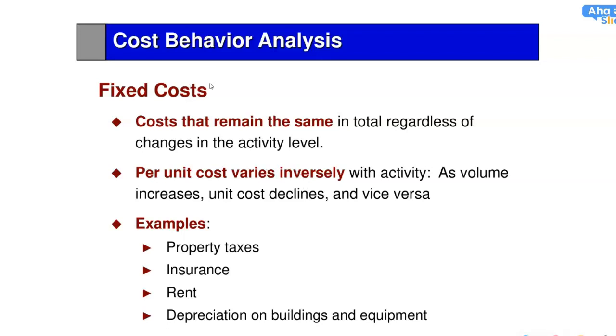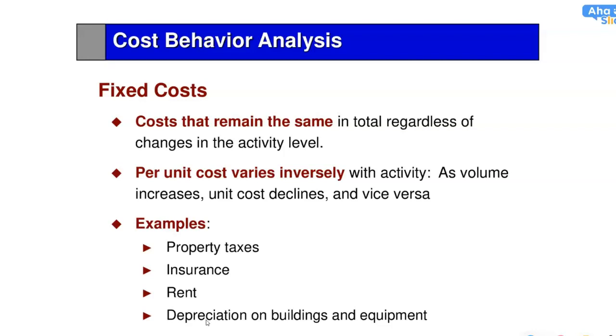And that's the nature of a fixed cost. The more you can put through on a fixed cost, that is production, the more the per unit cost will go down. Examples, I used rent, I could have used property taxes, insurance. All of these are fixed costs.